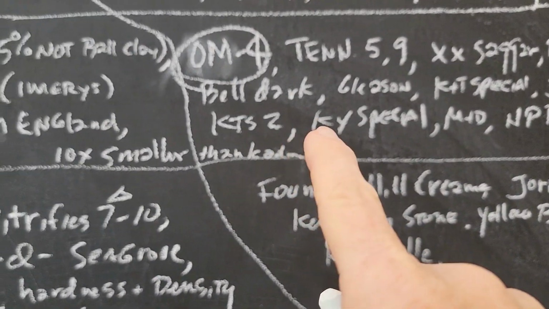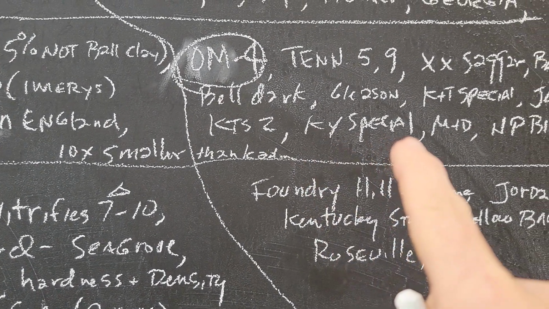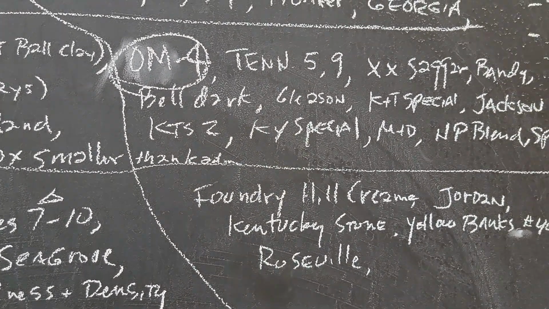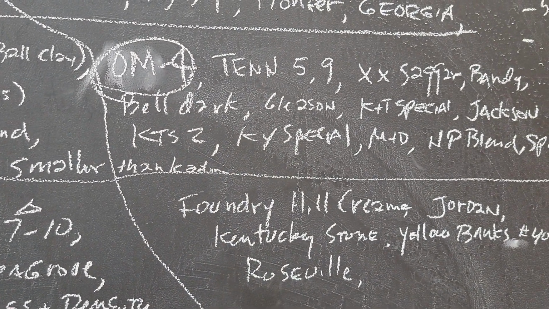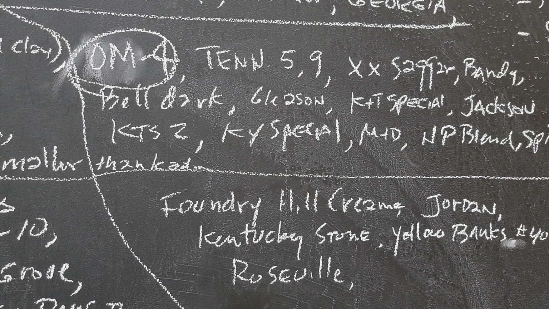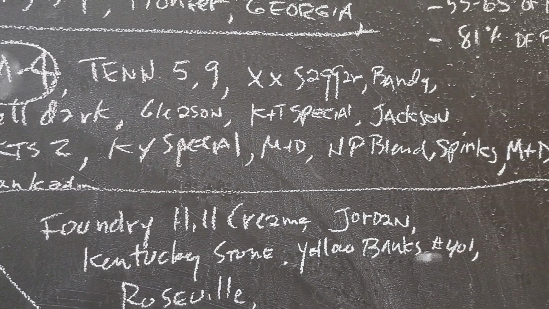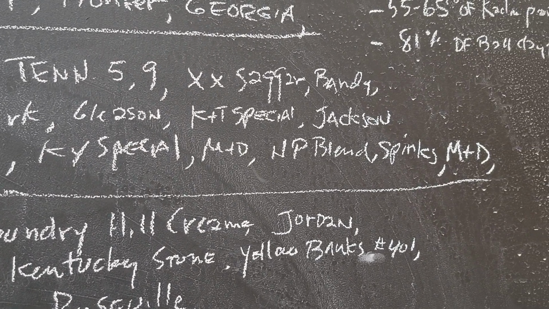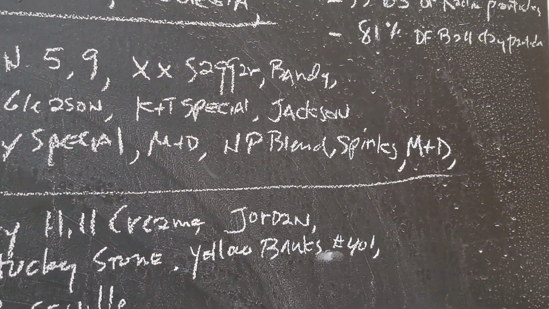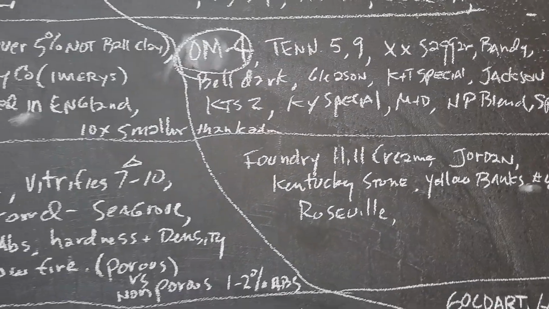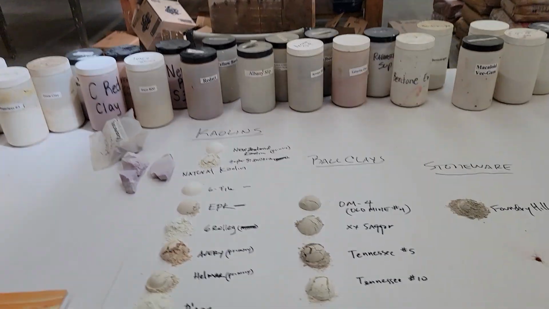Jackson, KTS, number 2. There's a glaze clay, that's a kind of ball clay, KTS, I think. There's KY Special, there's NP Blend, Sphinx, M&D. I think, did I have CNC in there?